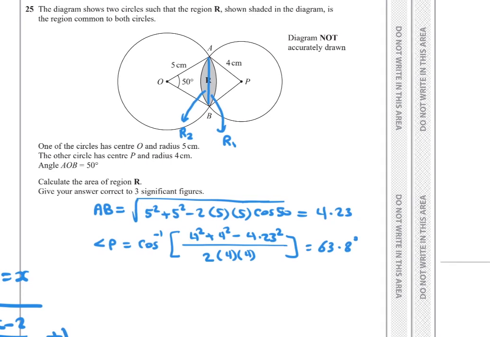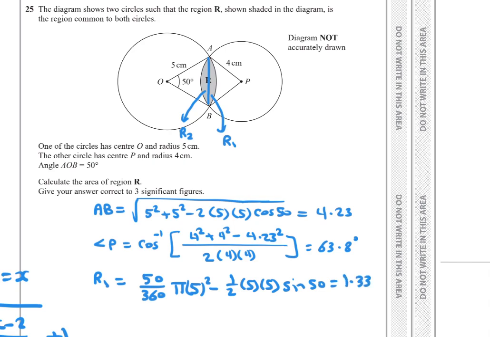Now you can find region 1, R1: area of this sector minus area of triangle equals 50 over 360 times 5 squared minus half times 5 times 5 times sine 50, which equals 1.33.